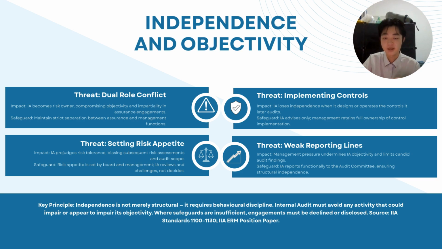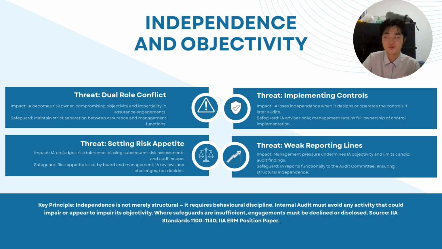Independence means that the internal audit should be free from management influence. Objectivity means the internal audit should give a fair and unbiased opinion. If the internal audit takes too many management roles, there will be a conflict. For example, if the internal audit designs or implements a control, it may later audit the same control.